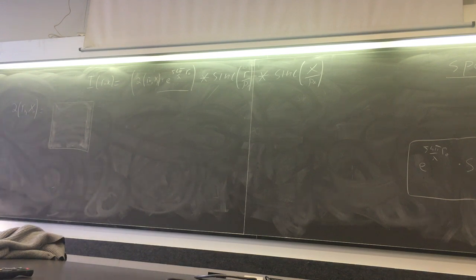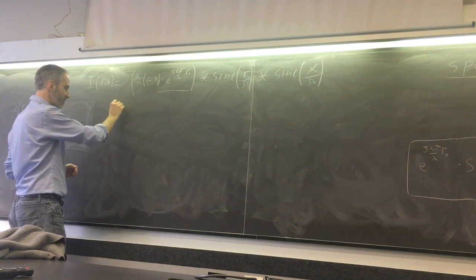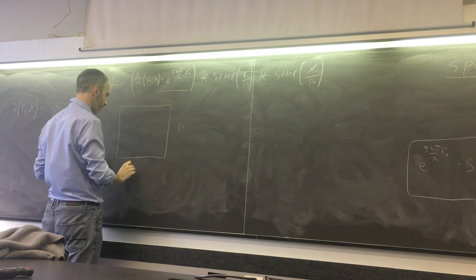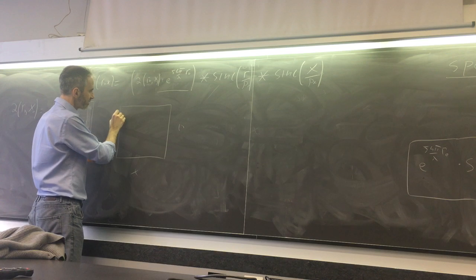But then imagine that the target positions are not perfectly regular, meaning that do not imagine them in a grid like this, let's say that this is R and this is X. Right?